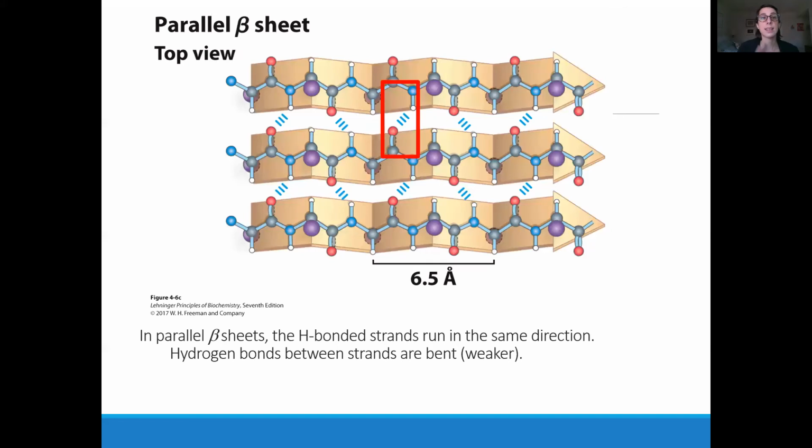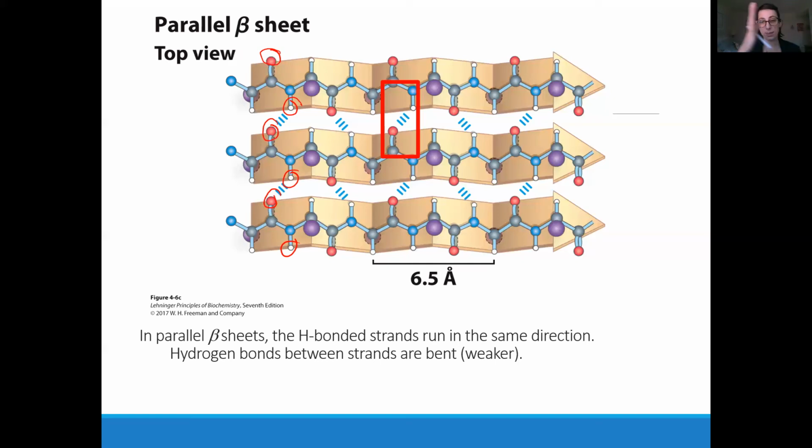So here is an example of a secondary structure beta sheet, and this is a parallel beta sheet. Notice in all of these, if we look along the structure, for example, this amide and this amide are all lined up pointing the same way. This carbonyl, this carbonyl, this carbonyl, again, all lined up pointing the same way.